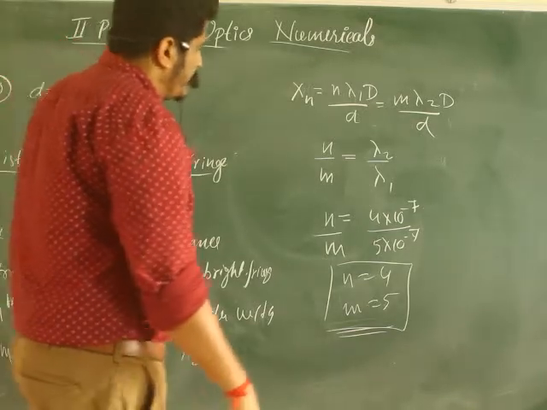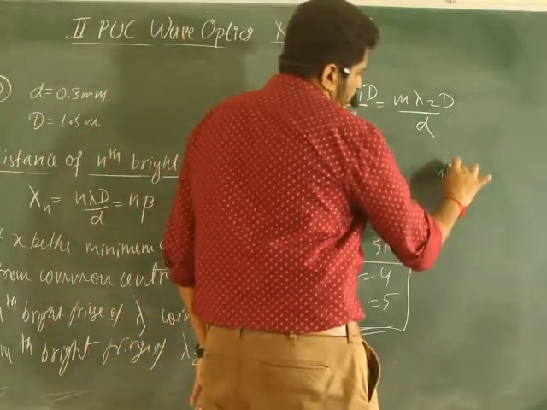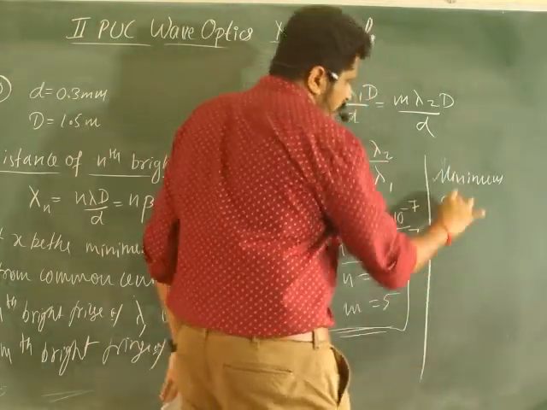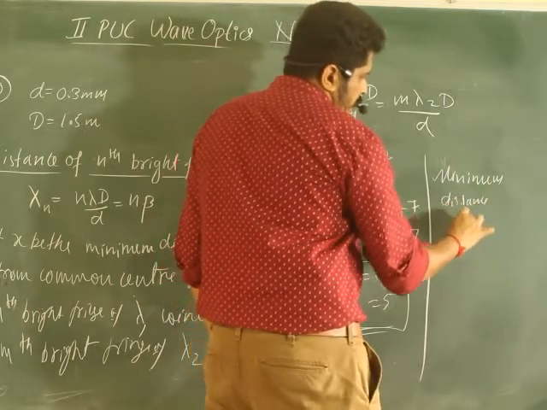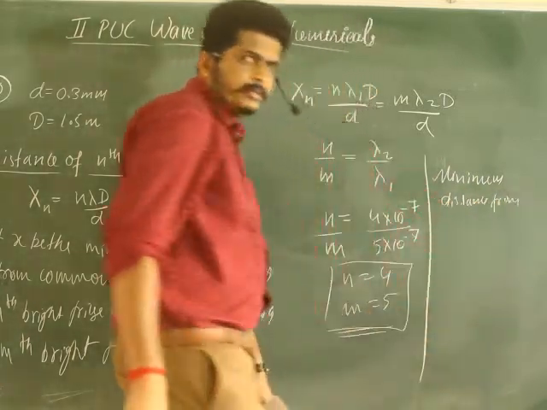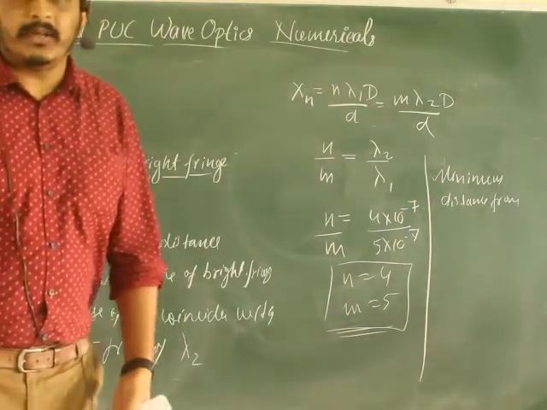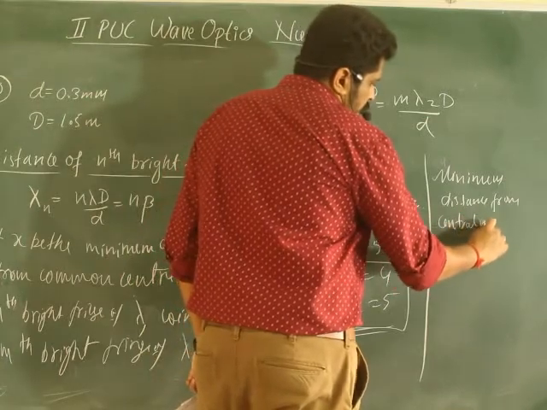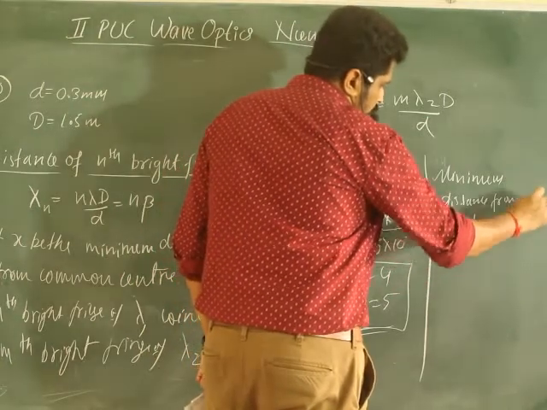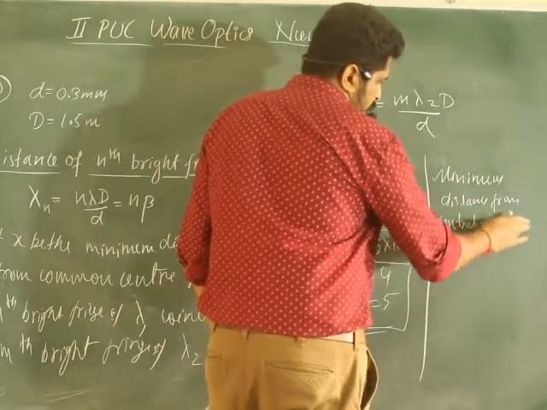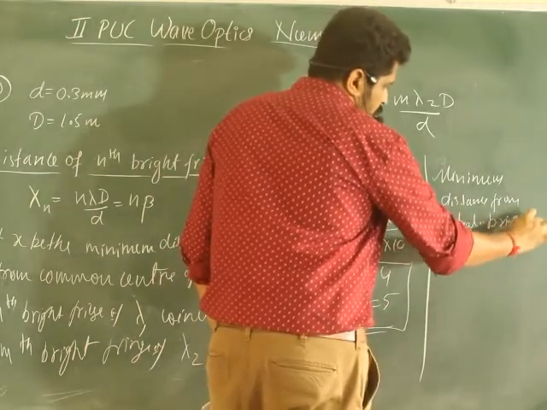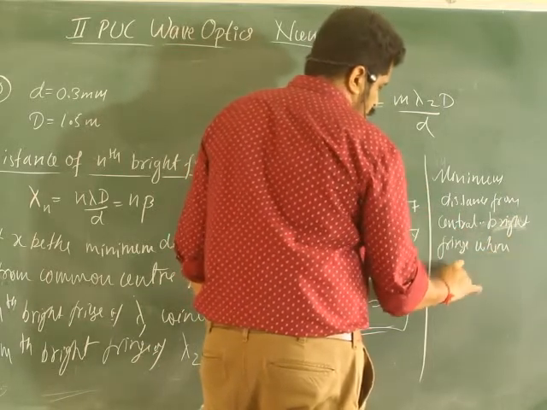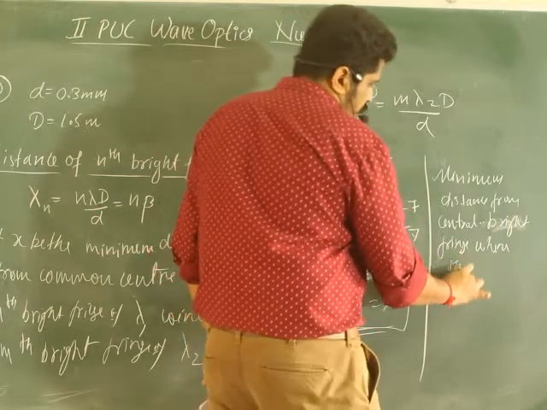Now let us apply the normal formula. Therefore, I am calculating the minimum distance from the central maxima, or central bright fringe, where they coincide.